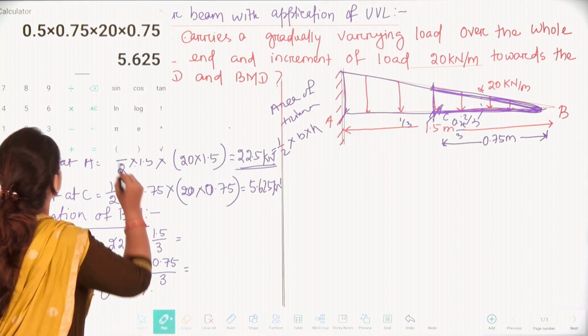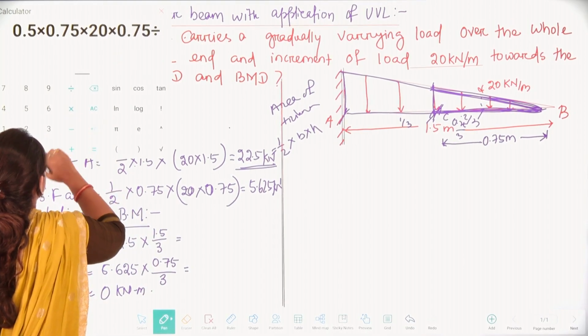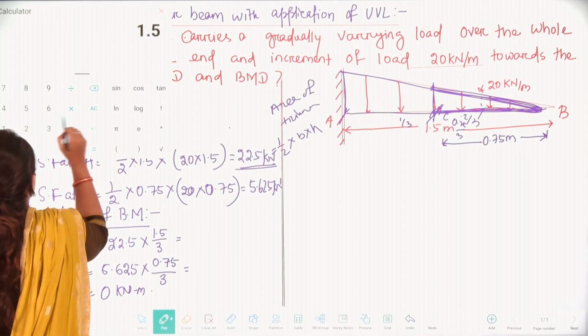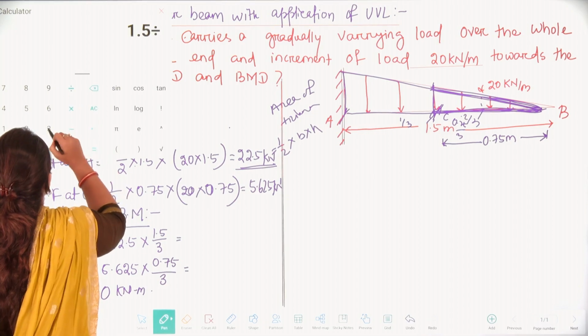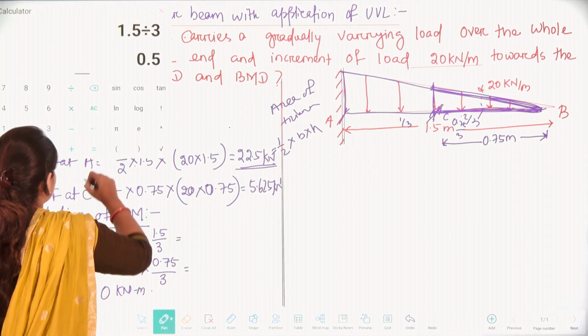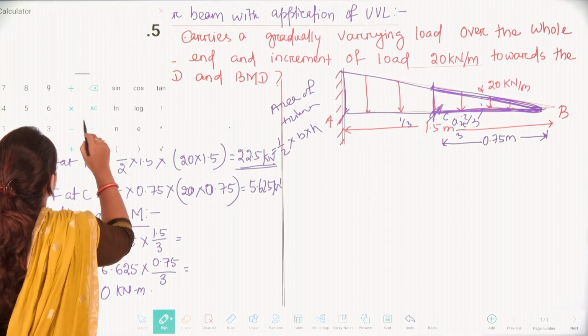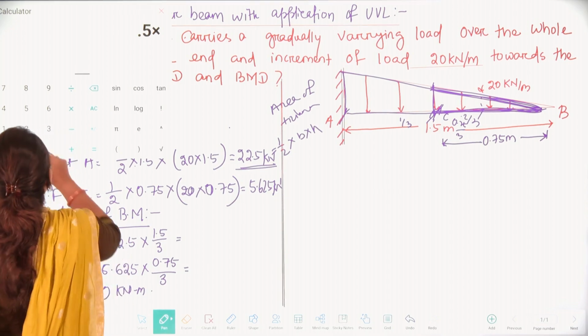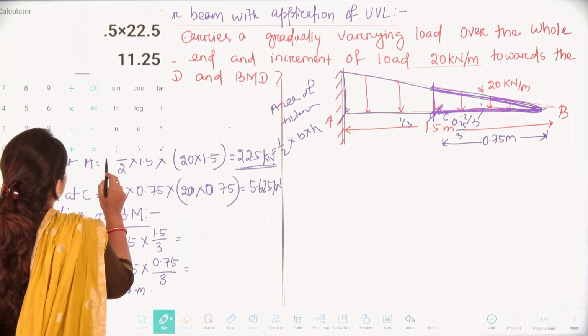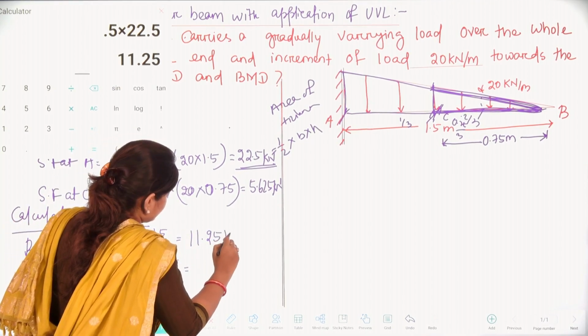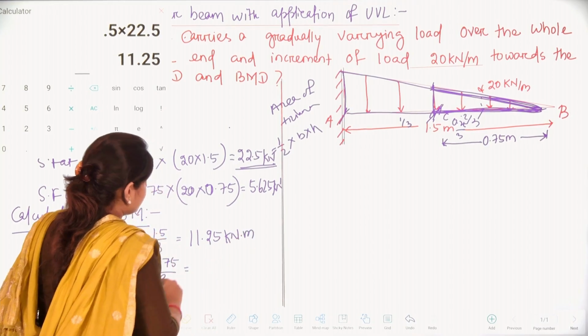Now let's multiply it with 1.5 divided by 3. 0.5 multiplied with 22.5 is 11.25 kilonewton meter.